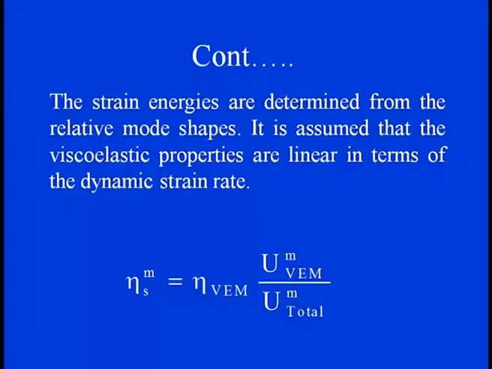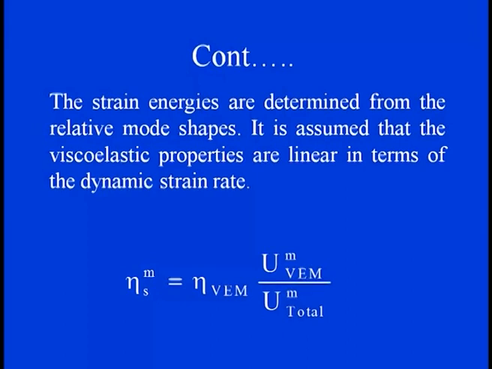So, the strain energies can be determined in relation to the relative mode shape, and it is assumed that the viscoelastic properties here are linear in terms of the dynamic strain rate.